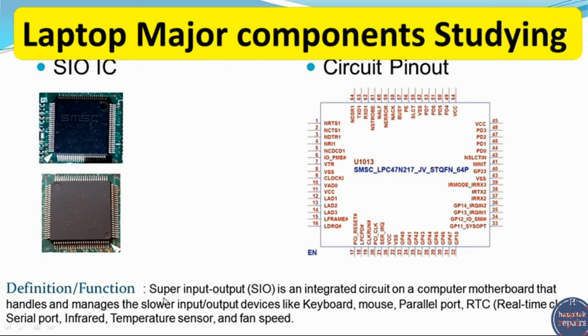As a definition, the Super Input-Output is an integrated circuit on a computer motherboard that handles and manages the slower input-output devices like keyboard, mouse, parallel port, RTC or real-time clock, serial port, infrared, temperature sensors, and fan speeds, etc.